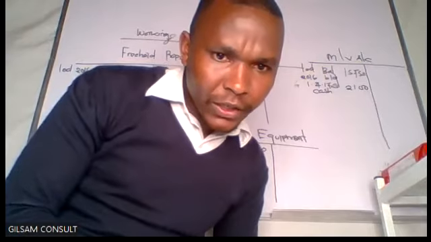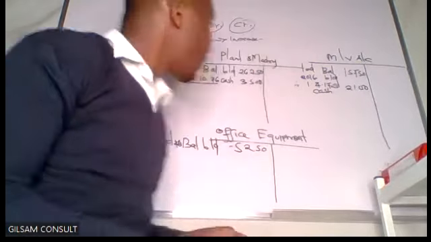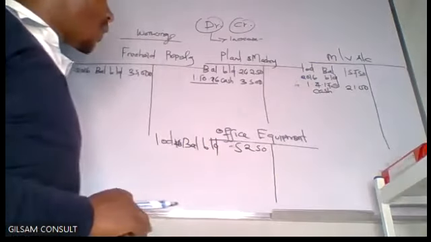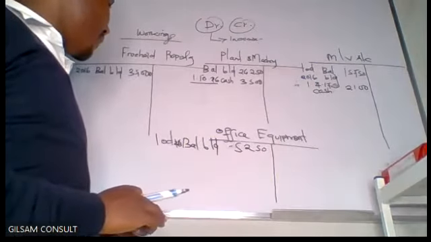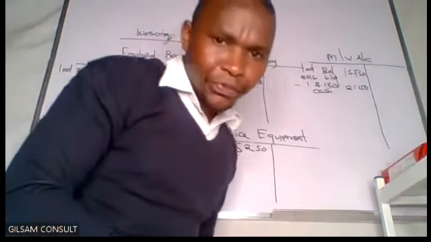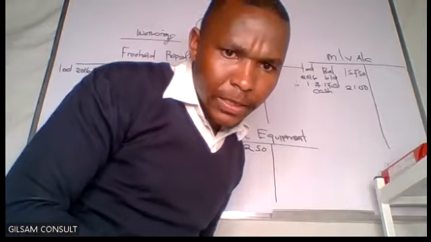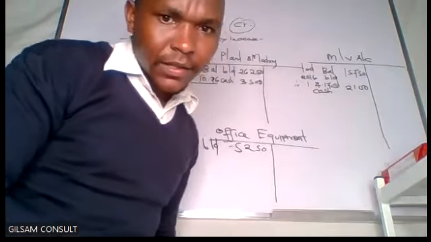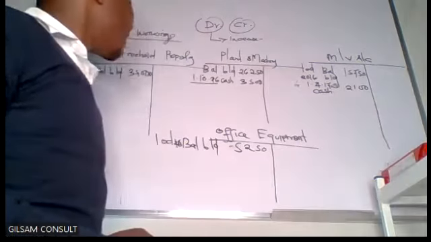So the machinery to be disposed of, when? 1st October 2016. To dispose machinery, how much? We have the sale proceeds, cost, and accumulated depreciation.